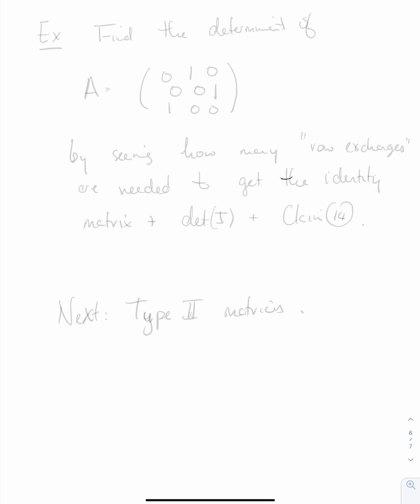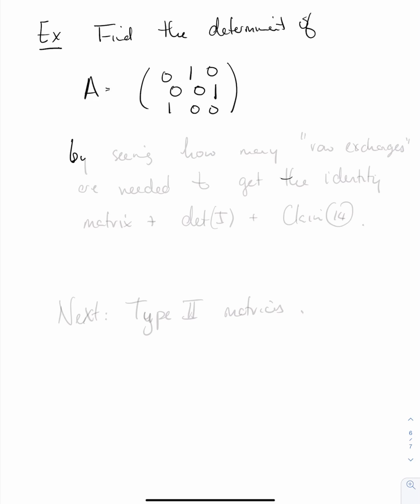Here's an exercise for you. Find the determinant of A equals 0, 1, 0, 0, 0, 1, 1, 0, 0. Do not do this directly.